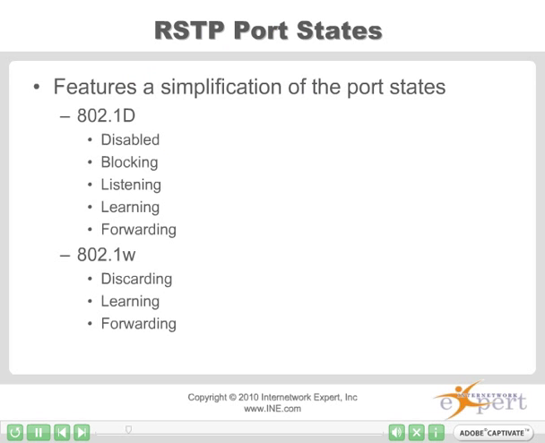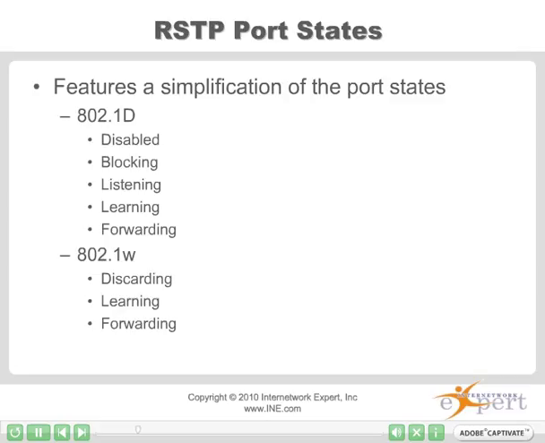The RSTP port states are simplified rather dramatically. Let's take a look. Under 802.1D, Classic Spanning Tree, we had states of disabled, blocking, listening, learning, forwarding, and under 802.1w, they got real smart here.